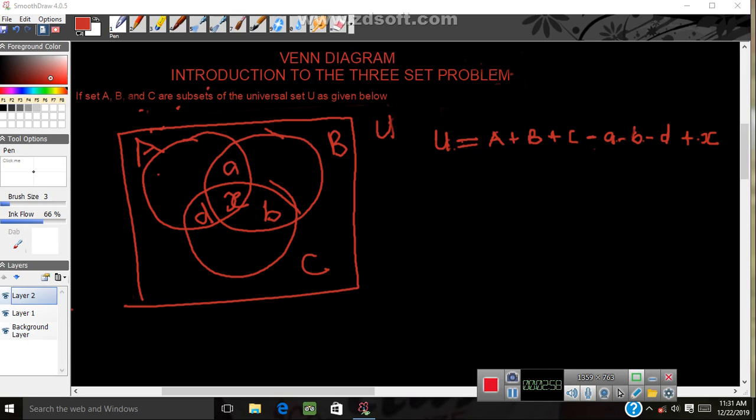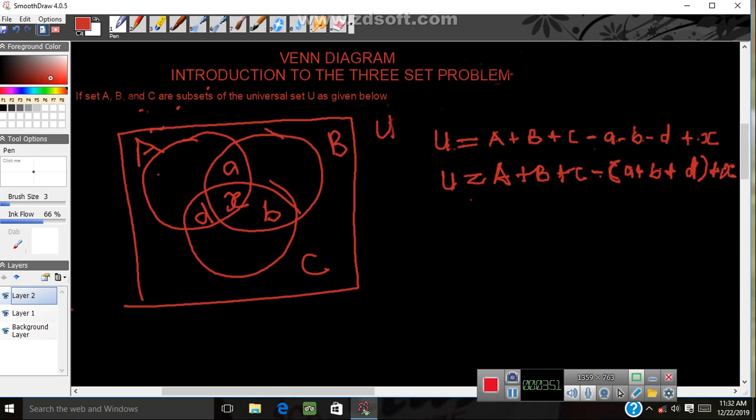So in that regard, I'm going to get U to be equal to A plus B plus C, then minus into brackets, a plus b plus d, you close the brackets, plus X.